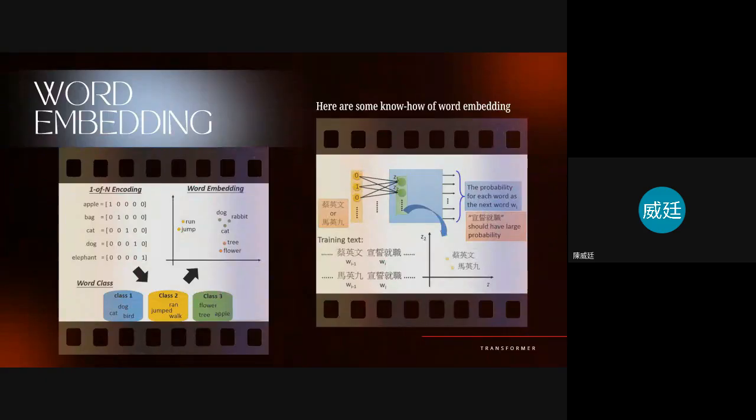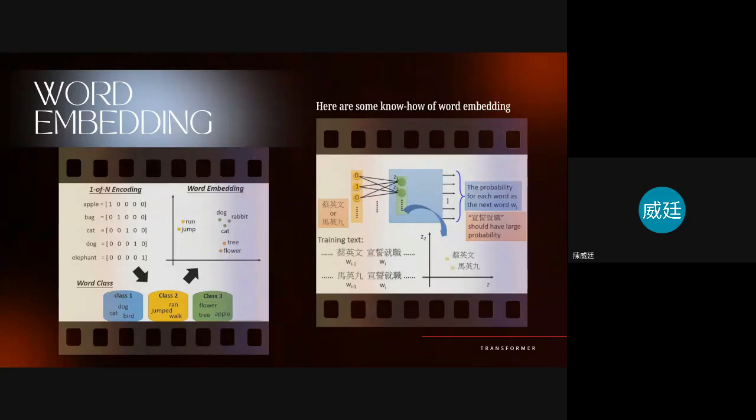So we use word embedding instead, like this. Using word embedding, we can see run is relatively close to jump, dog, rabbit, and cat are closer, and tree and flower are closer.